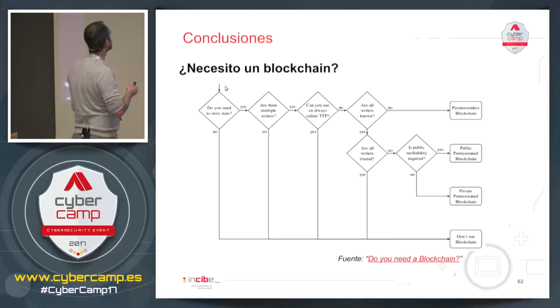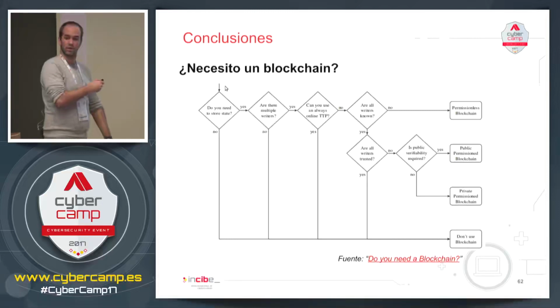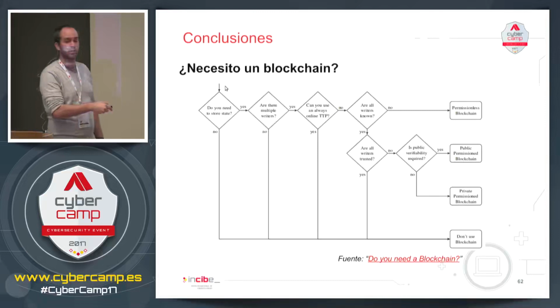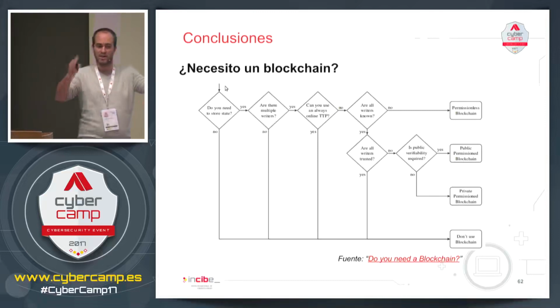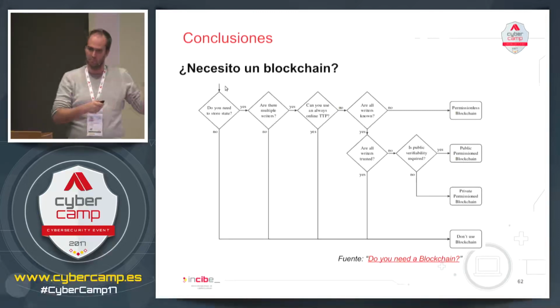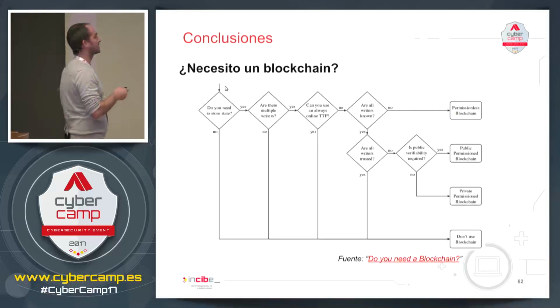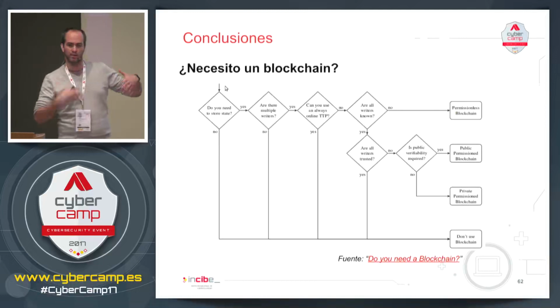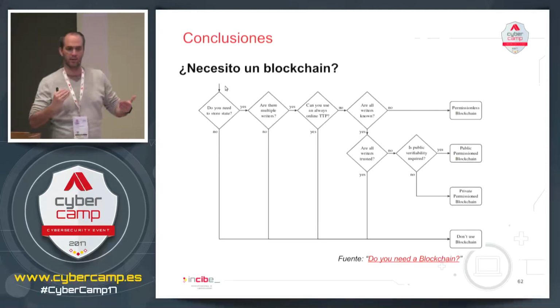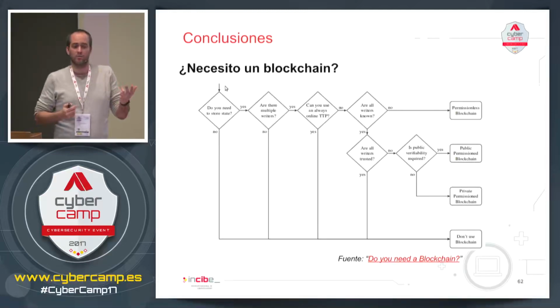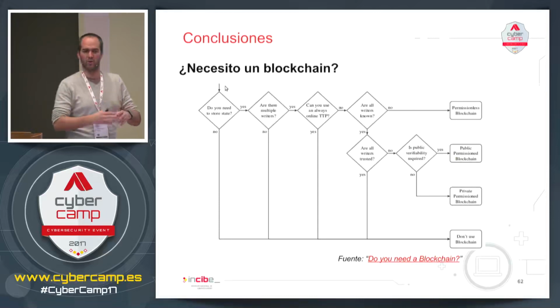And they ask you, do you need to store a state? If you don't need to store a state, no, you don't need a blockchain. In Connect4, we do need to store the state of the board. Are there multiple writers, multiple users that can change the state of the network? In the case of Connect4, there's 2 players, so maybe not.